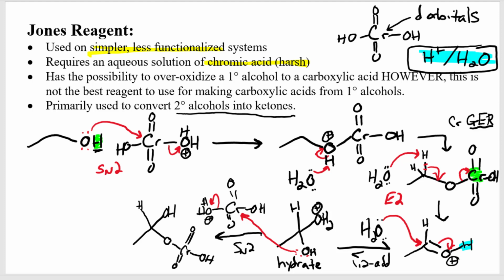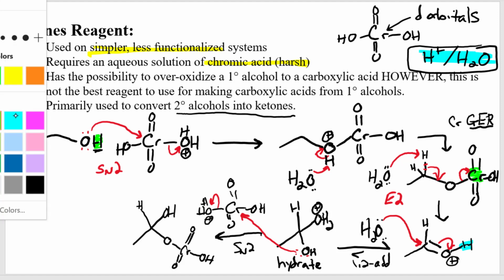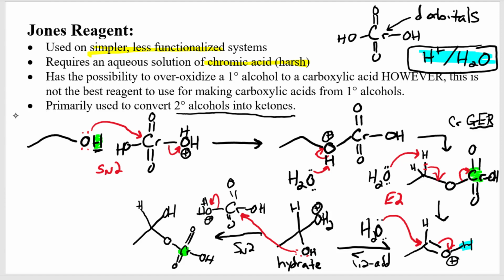I've got my chromium. I've deprotonated the extra hydrogen using water, right? Water is probably coming around again and taking off the extra proton. It's just going in an acid-base equilibrium, right? H2O becomes H3O plus, which is a hydronium ion, which is just acid and water. We've done the SN2. Now we're going to do the E2. We're going to use water again as our base.